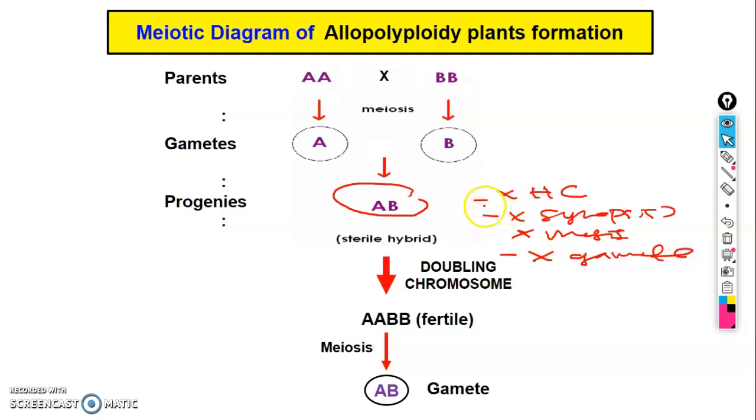This point you have to remember. To produce fertile offspring, the chromosomes have to undergo doubling to become AABB and become fertile, and these fertile individuals produce AB gametes.